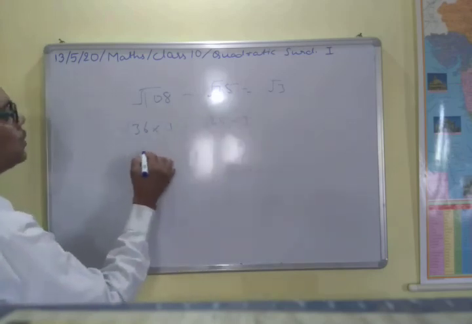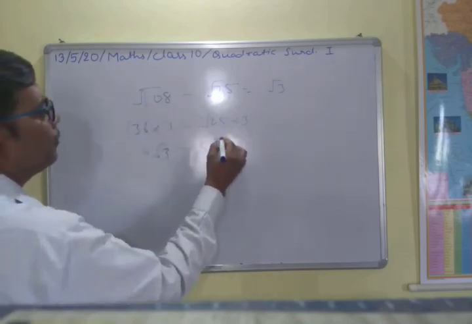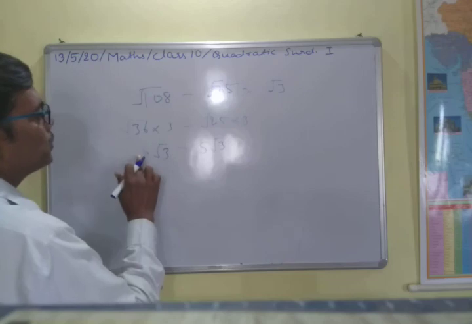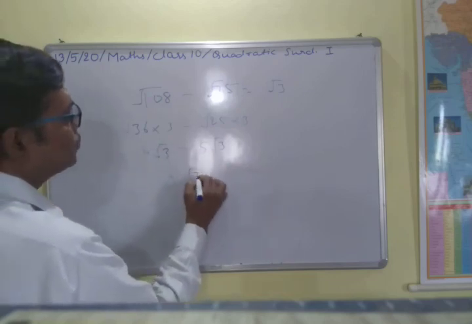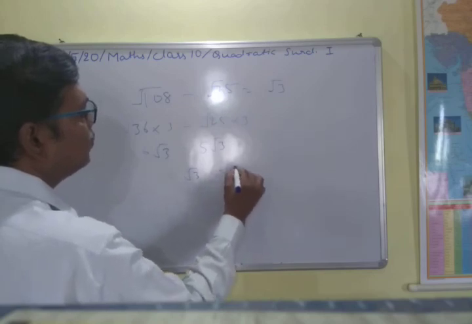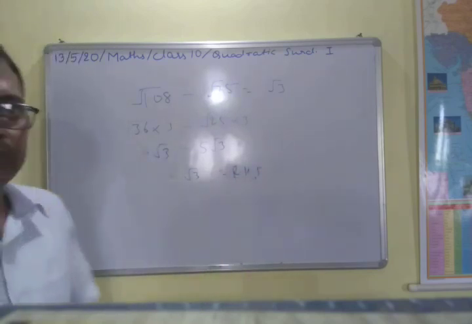So it will be 6 root 3, and minus 5 root 3. Now 6 minus 5 gives root 3. So it is proved. Now you can see that this is equal to RHS. In this way we can also prove other questions.